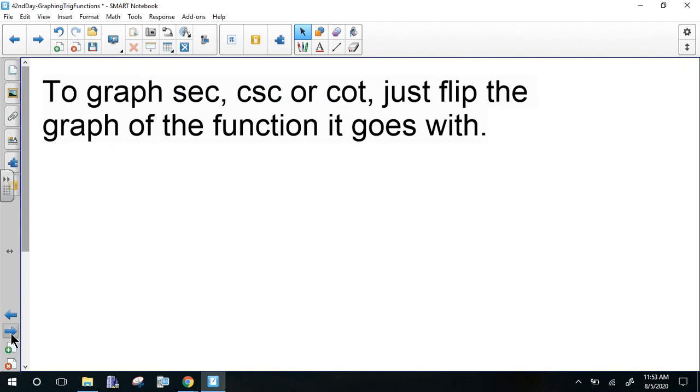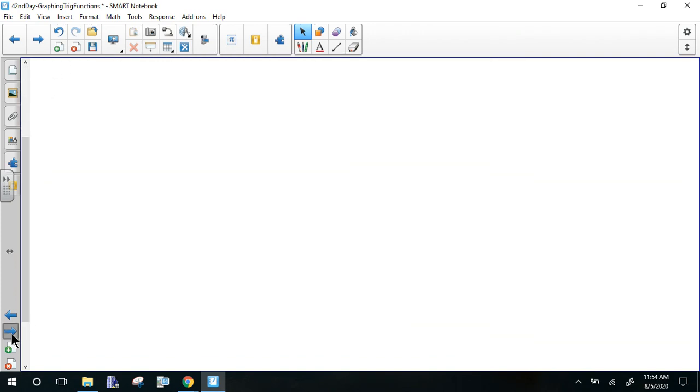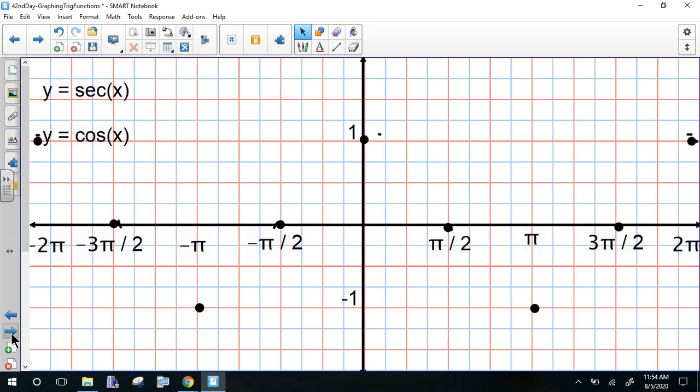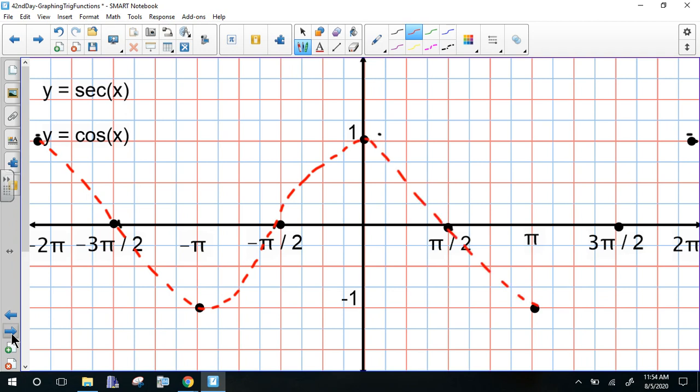To graph secant, cosecant, and cotangent, we're just going to flip the graph of the function that it goes with. Okay? So here's what that looks like. If I want to graph secant, I'm going to graph y equals cosine as a dashed line. So here are the points for y equals cosine. I graph that because that's the basis of y equals secant x.